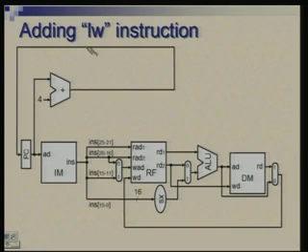Now, let us look at branch and jump instruction. Again, we will take one by one. They would need to do something with the program counter, because these instructions influence how the next instruction is chosen. We did not modify this part for load store, because this part continues to be the same.